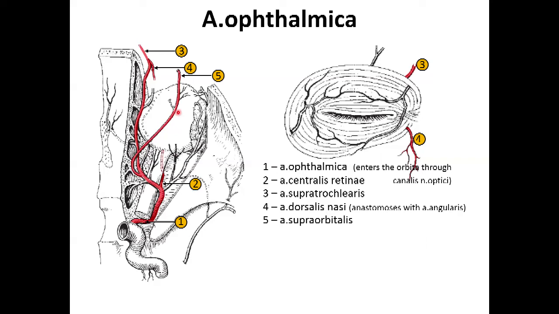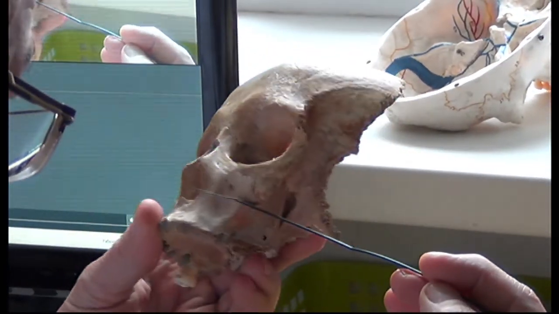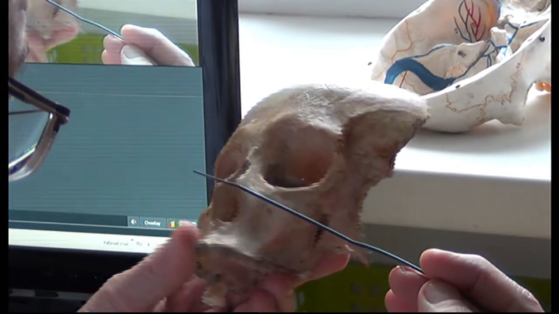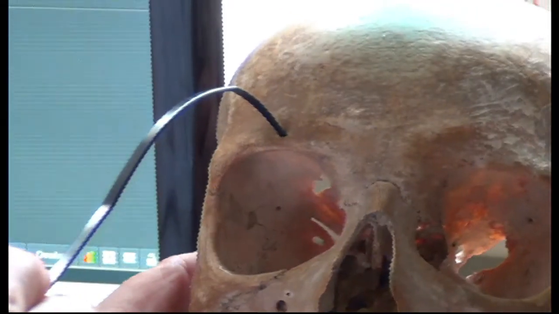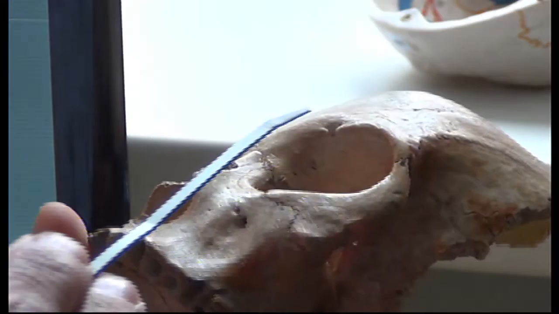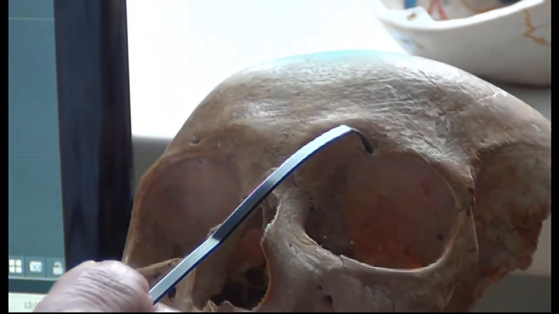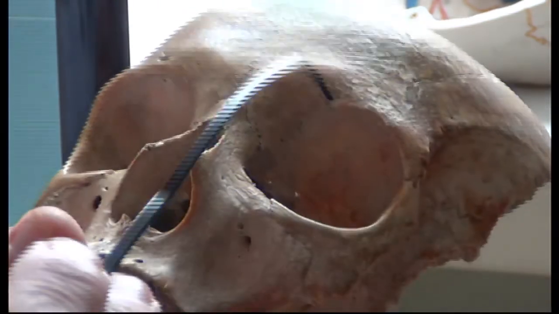I'd like us to remember these details of anatomy here. From the right side, this is foramen supraorbitale. From the left side, it's not a foramen but incisura supraorbitalis.